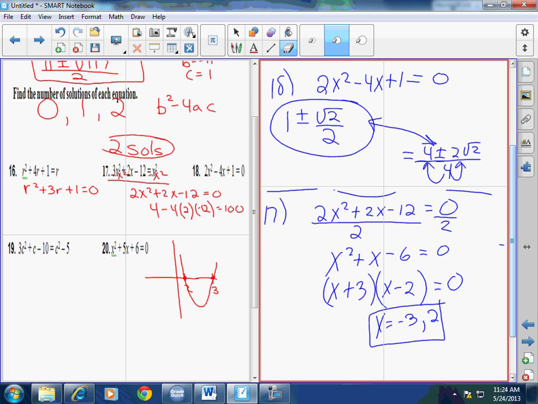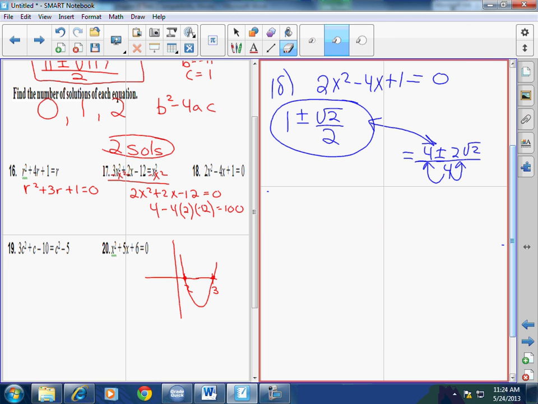Okay, 2 more. 19. For 19, when we rearrange it, it's going to be 2c squared plus c minus 5. Again, this is not factorable, even with the Cuban method. So I'm going to use the quadratic formula.